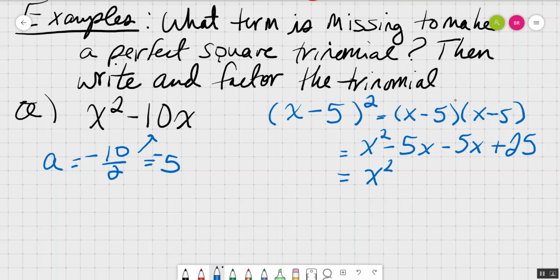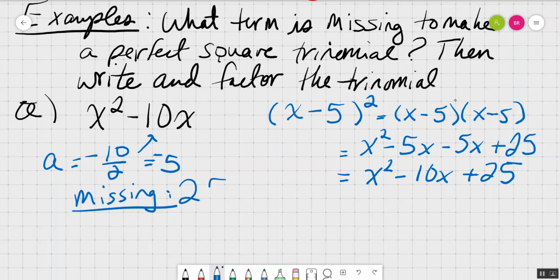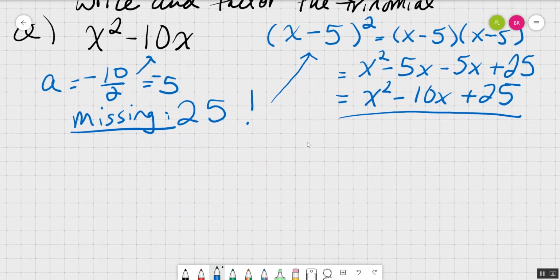So you get x squared minus 10x plus 25. So what was it missing? It was missing a 25. Woohoo! And the factored version of it is right there. And then multiplied out, that's what it looks like. There's the trinomial that's perfect and matches the original in A, at least the first 2 terms.